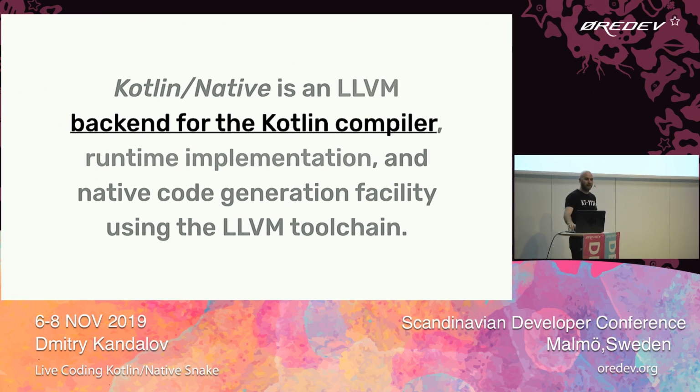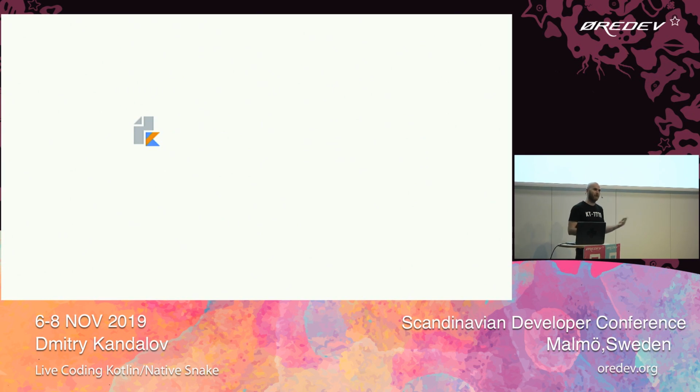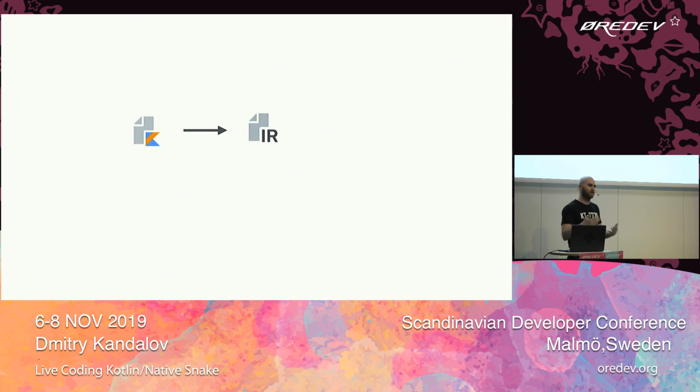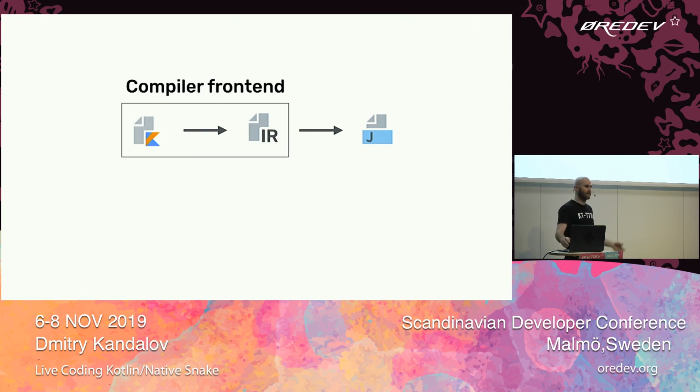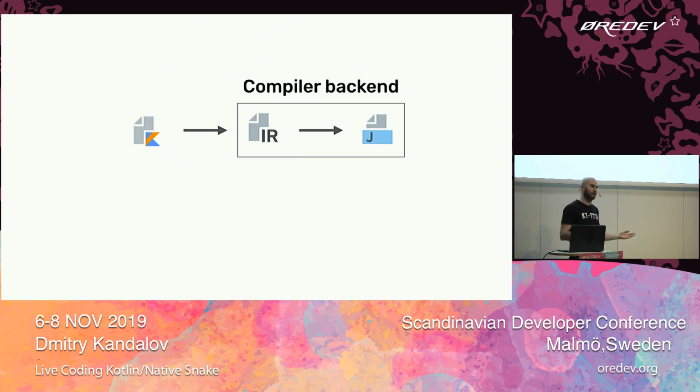The way compilers work, for example, you have a source code file in Kotlin, and the compiler transforms this source code file into another file, which can be an in-memory file. It goes from the Kotlin language into an intermediate representation. From the intermediate representation, it transforms it into Java bytecode in this case. The first step is done by the compiler frontend, and the second step by the compiler backend.